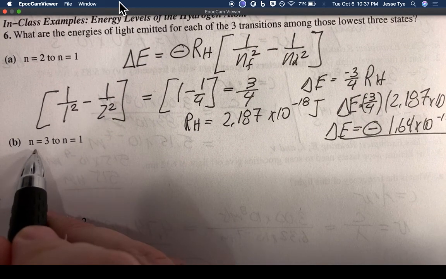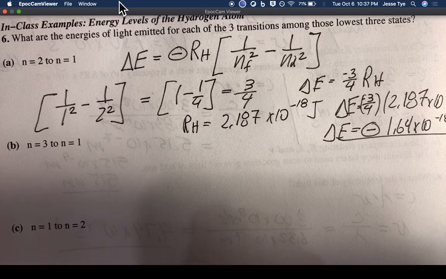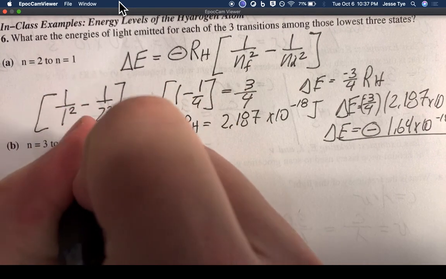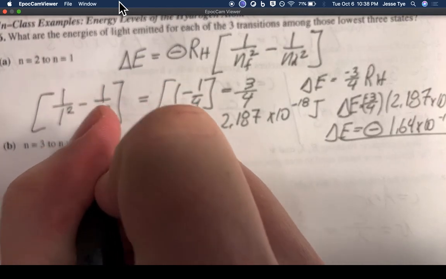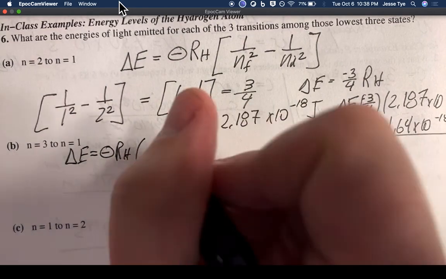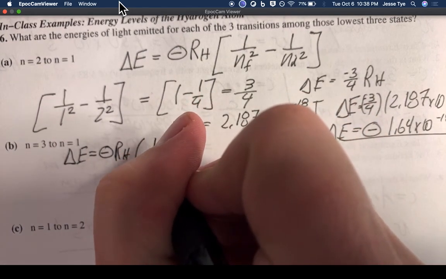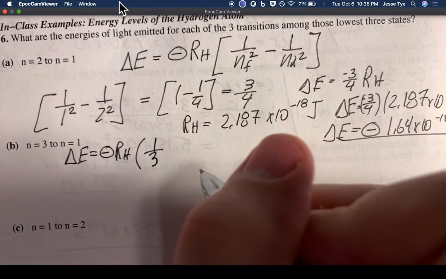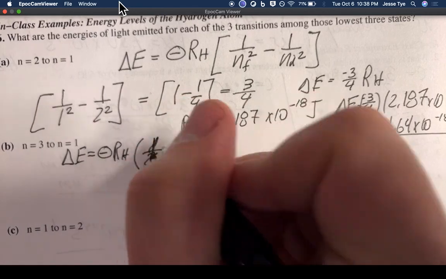Well, let's start that electron in an even higher energy state. Instead of n equals 2, it's in an n equals 3 state now. So delta E is equal to minus the Rydberg constant times 1 over, oh, do that again.